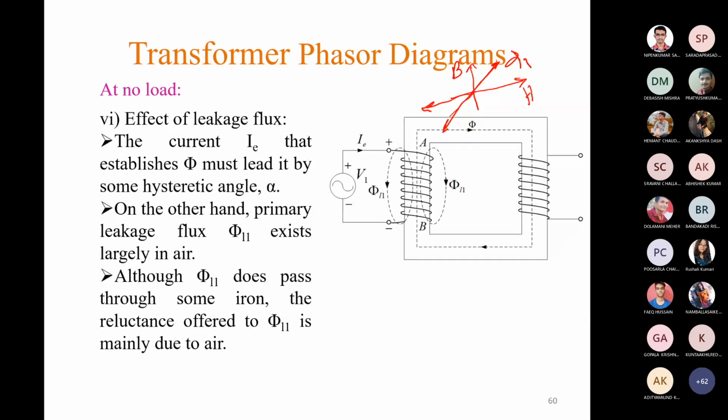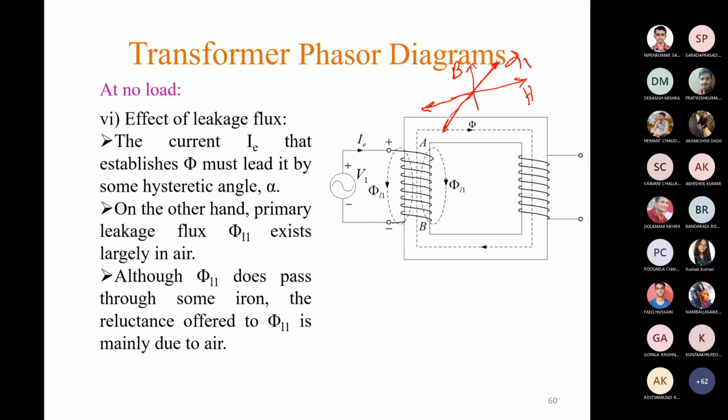So it is very difficult to saturate air, and therefore it does not involve any hysteresis loop, and therefore this phi L1, this flux, is in phase with the exciting current IE.